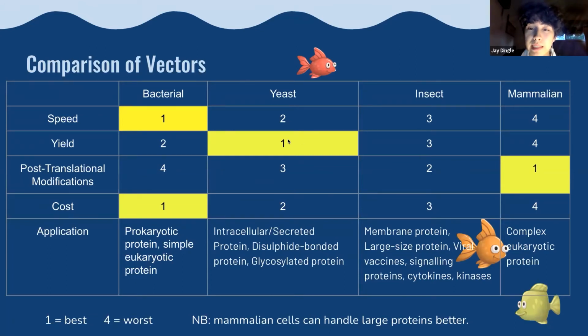And then mammalian are able to deal with post-translational modifications the best. So post-translational modifications are chemical modifications made to a protein after DNA has been transcribed to RNA and then translated into protein. But essentially, it's able to do this the best because it can handle larger proteins better.